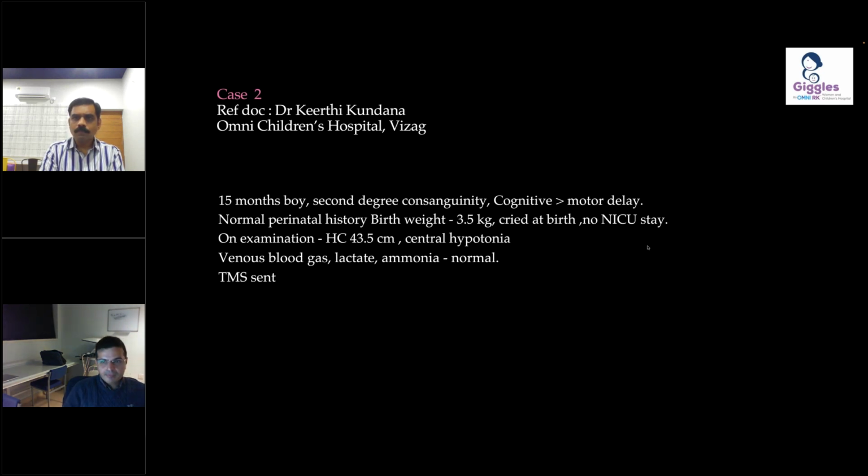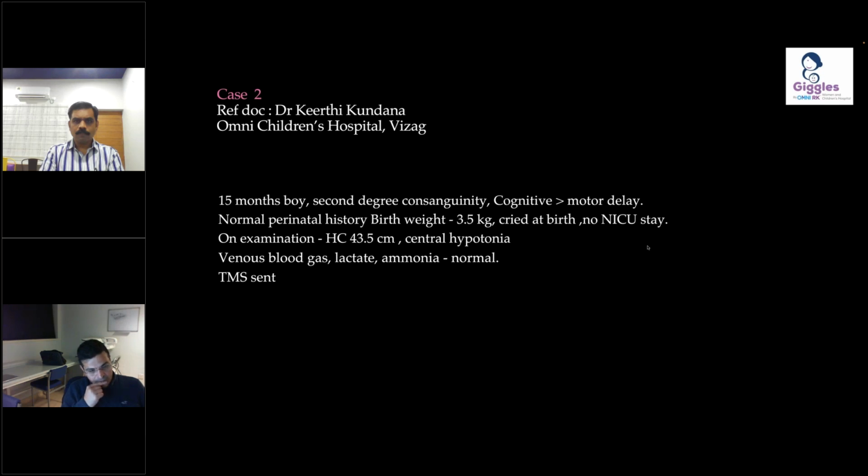Yes. Okay. So this was a 15-month boy, born of second-degree consanguinity with predominantly cognitive more than motor delay. His main chief complaint was developmental delay, and he had come for that. With a normal perinatal history, with birth weight of 3.5 kg, and he had no significant perinatal insult at that time.